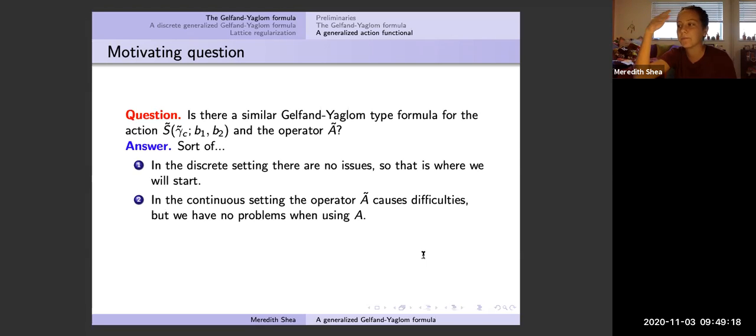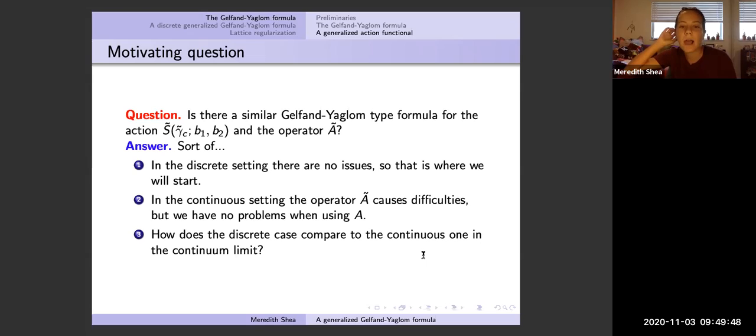So you have a lot of convergence problems when looking at things like contour integrals, but there's no problem when using A. And so in a lot of settings, I can still use the operator A with the new action S tilde. So that's basically what we do in the continuous setting, is look at the relationship between A and S tilde and see what it is. And we edit A slightly, but it's essentially the operator we had before.